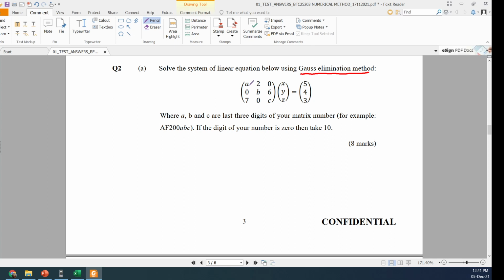Okay, the purpose of Gauss elimination method is actually we would like to reduce until the matrix A becomes an upper triangular matrix. This is already 0. So no need to reduce. Then you just need to reduce 7 here.